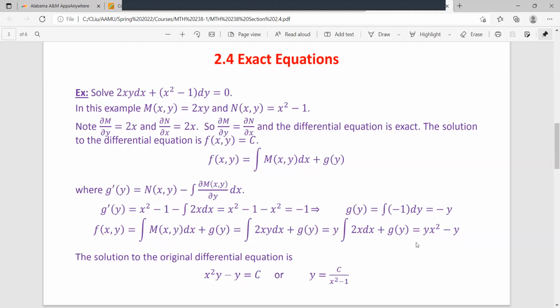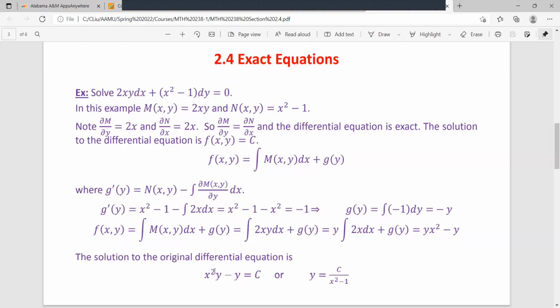That's not the solution to the differential equation, that's just the f. The solution is f equal to c. So that's just x squared y minus y equal to c.